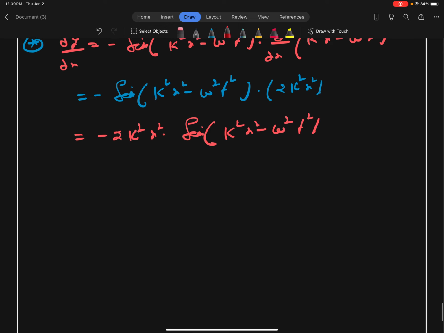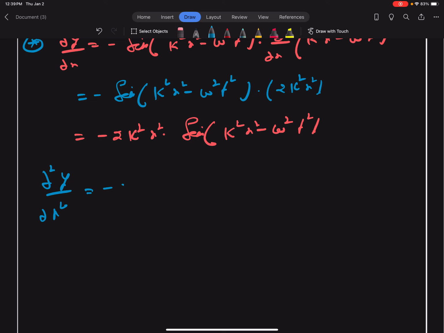Now once again the double partial derivative, and once again we are going to make use of the chain rule or product rule. So let me write the result for this directly, and it will save a little bit of time.